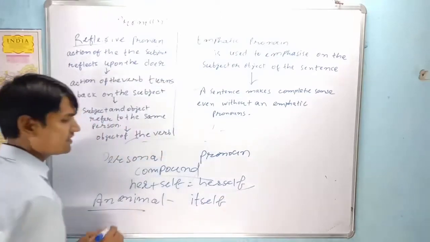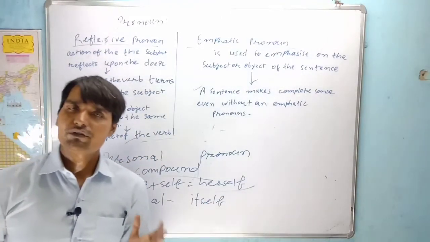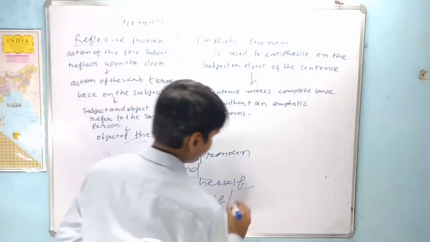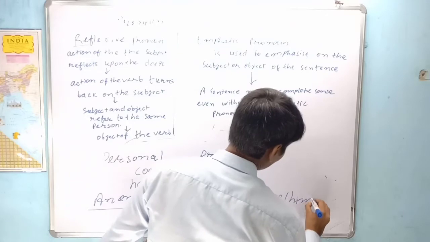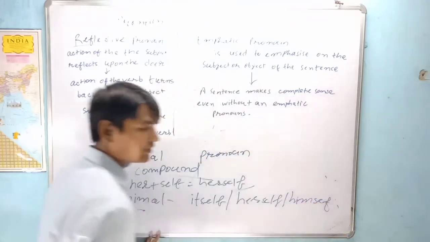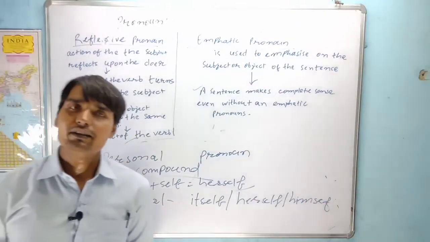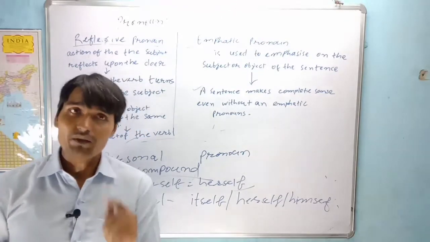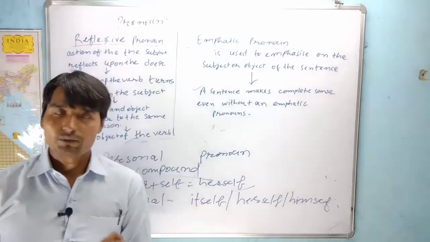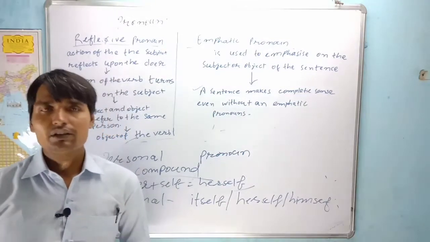Or if you are making the gender of the animal, that is the masculine or feminine gender, then it would be herself or himself. For example, cow. Cow grazes grass herself, because you are making here cow as the feminine gender, and feminine gender is always in the category of the female.